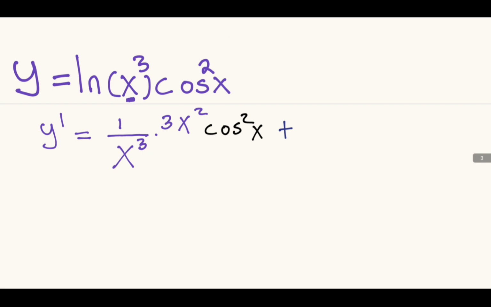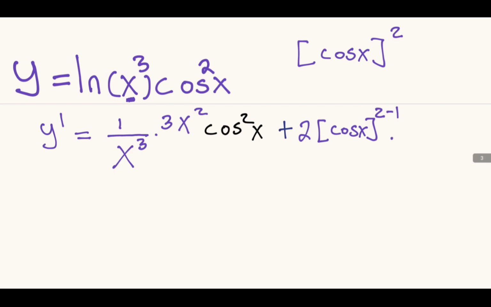So in order for us to successfully differentiate the cos squared x, let's write it as cos x squared. So now we differentiate cos x squared, so it will be much easier for us to differentiate cos x raised to the power 2. So the derivative of this will be equal to 2 multiplied by cos x raised to the power 2 minus 1.